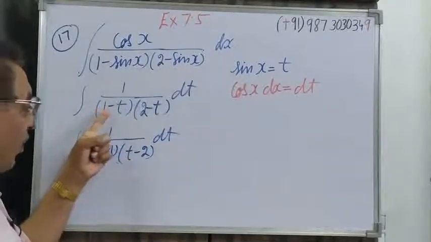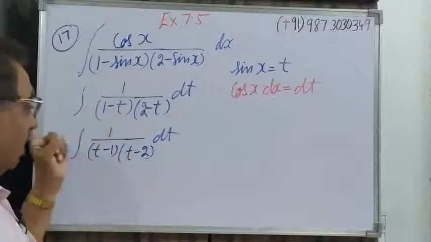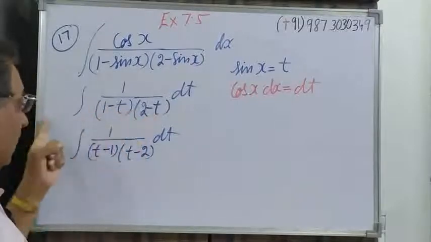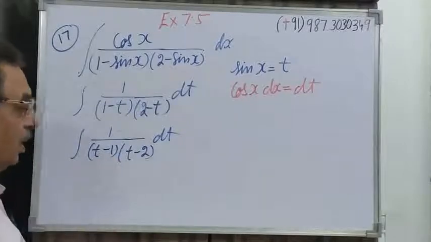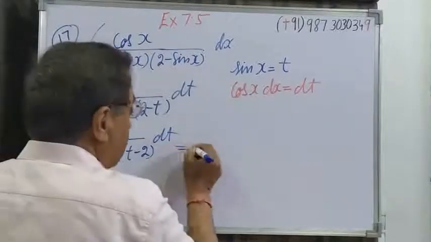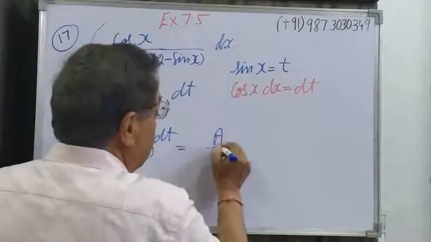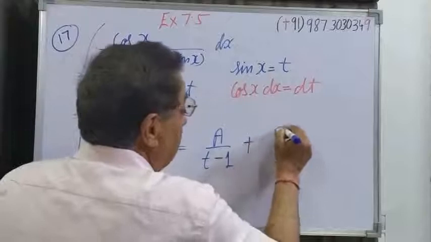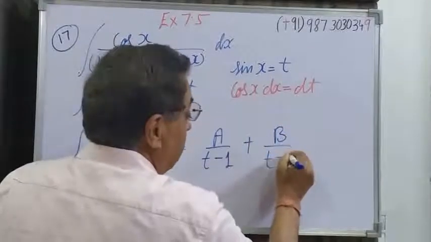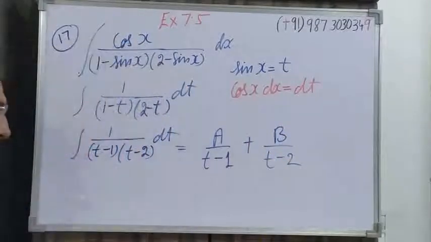So I took the minus from 1 - t and 2 - t, both the negative signs multiplied become positive. So the question becomes like this. Now to resolve into partial fractions, let A over (t - 1) and B over (t - 2).